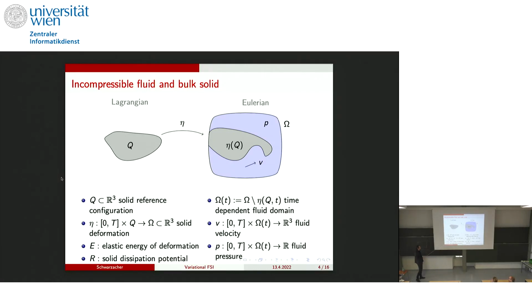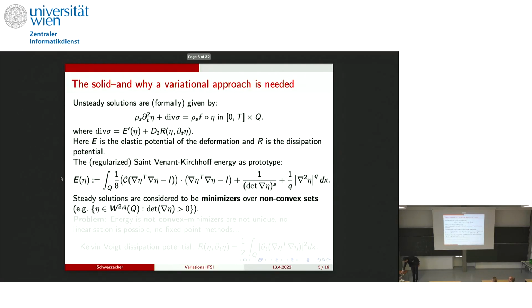And then we have for the solid an elastic energy and a dissipation potential. So I think here we are, this is the most important slide. So take your last concentration, please. This is the solid PDE. We have here this stress tensor from the solid, which is given by some Fréchet derivatives or Gateaux derivatives of the dissipation potential and the elastic potential.